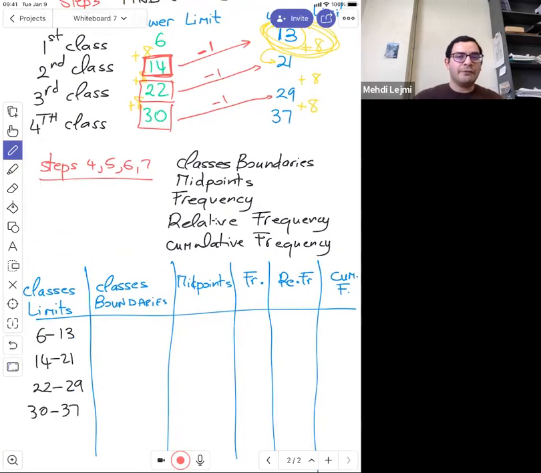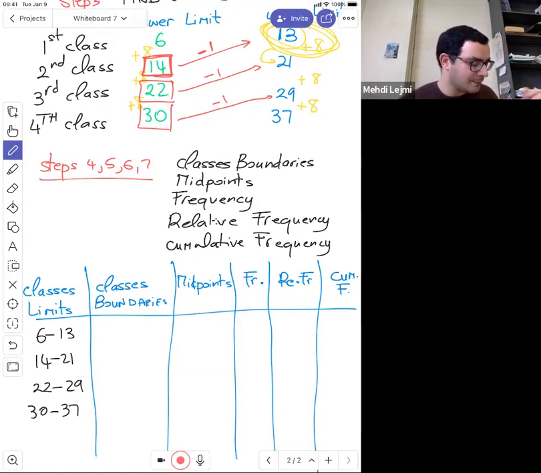All right, now for class boundaries, what we said yesterday is, to find the class boundaries, for the lower boundary, we need to subtract 0.5 from the lower limit. And for the upper boundary, we need to add 0.5 to the upper limit. So for the first class, the lower limit is 6, so we subtract 0.5.